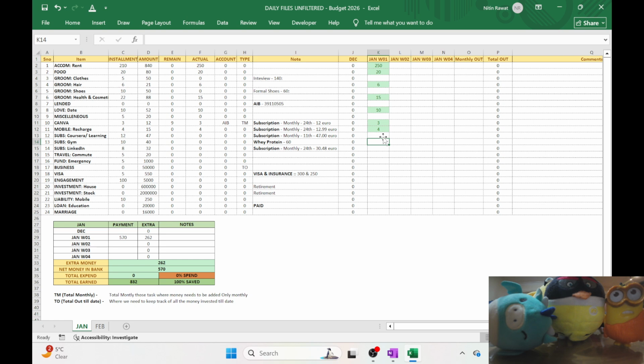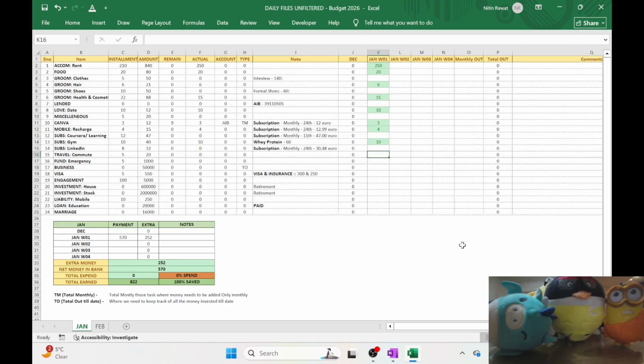It's really good, I really love that. I'm also doing physical exercises, running and walking, so I need whey protein to keep my daily protein intake in check. I am taking whey protein as one source of protein. LinkedIn I'm not using for the time being, so I canceled the subscription. No need for putting this money here.